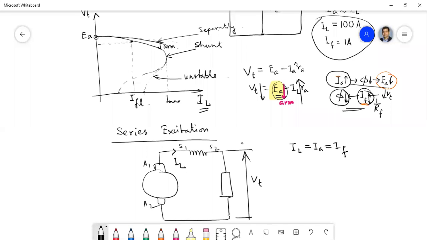Now initially there is some voltage due to the residual flux, and when the circuit is closed through the load, some current will flow and you will get some field current also, because load current equals field current, and due to this field current you will get some flux. So think in that way how we can get the external characteristics for a series excited generator.